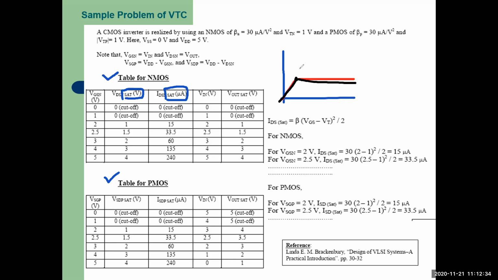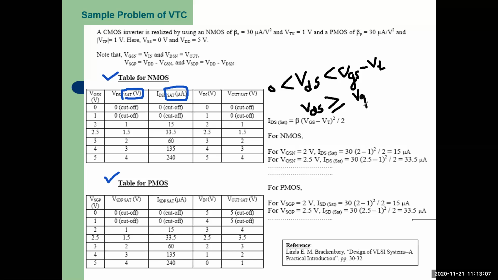That bending point is the starting of our saturation. Remember, our formula was like this. The VDS should be greater than 0 and less than VGS minus VT for linear, and for saturation the VDS should be greater than or equal to VGS minus VT.